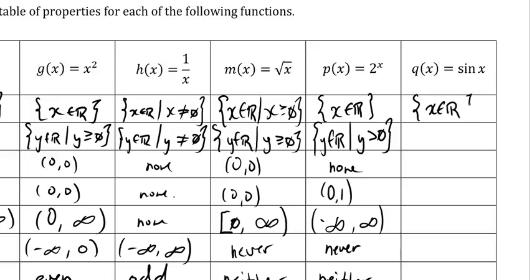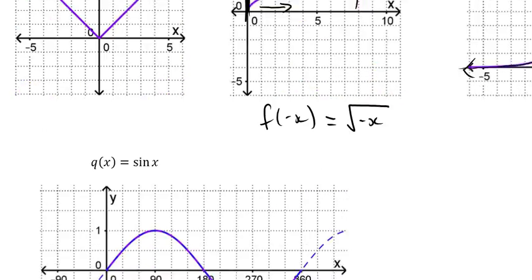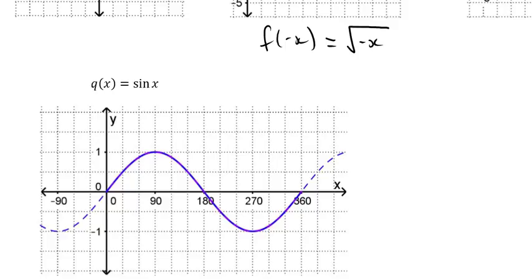X is an element of the real numbers, and y is an element of the real numbers such that negative 1 is less than or equal to y, which is less than or equal to 1. Zeros, well, this is tricky because it has an infinite number of zeros, but we'll talk about one cycle of zeros.